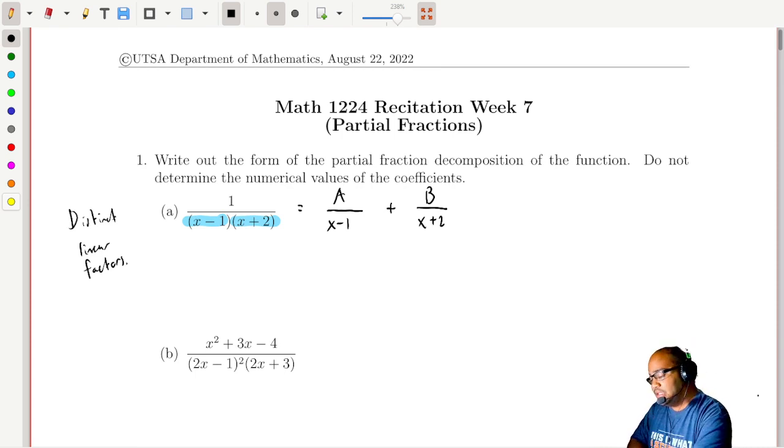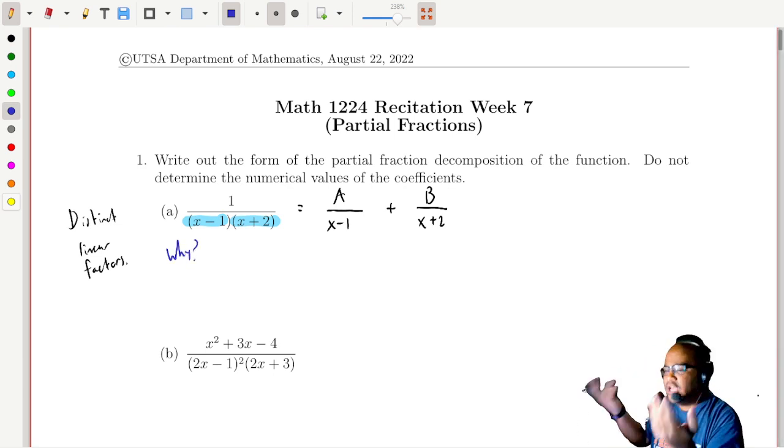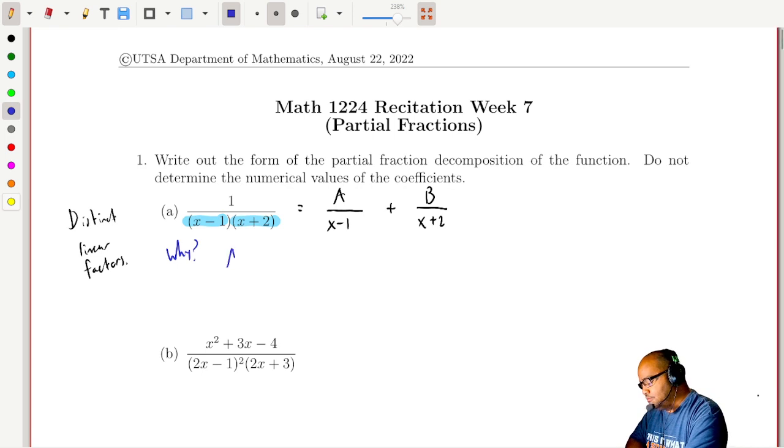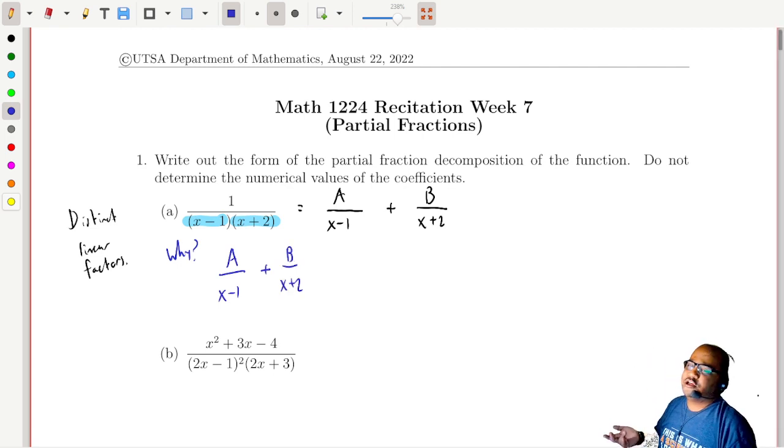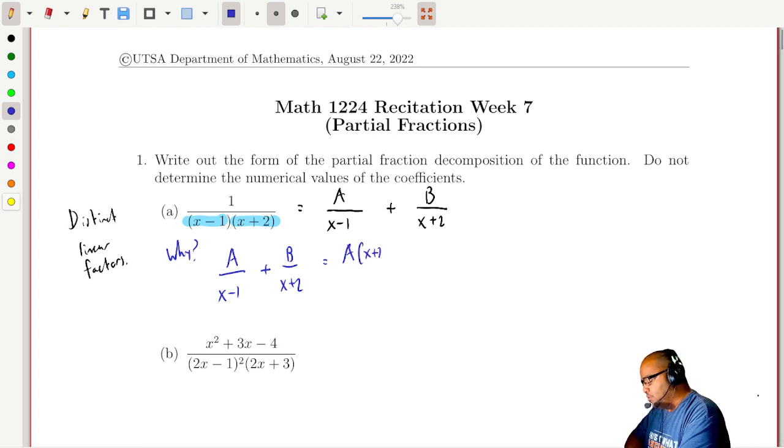Now, how does that make sense, okay? Well, let's think about it. Let's say I found these numbers A and B, okay? A over x minus 1 plus B over x plus 2. And I'm asked to add these fractions. Well, adding fractions requires a common denominator, so let's go ahead and do that, okay? So I'll multiply the first fraction by x plus 2 over x plus 2.